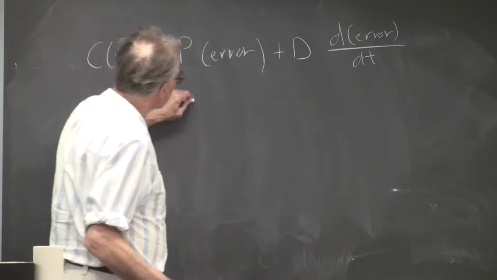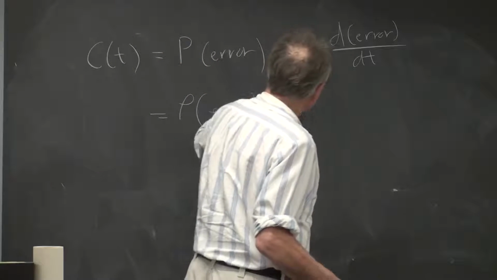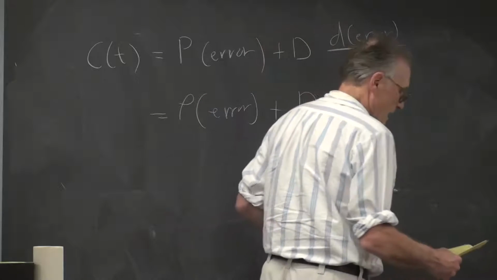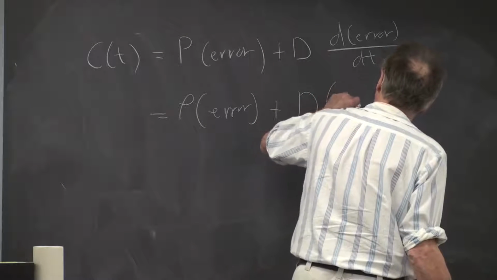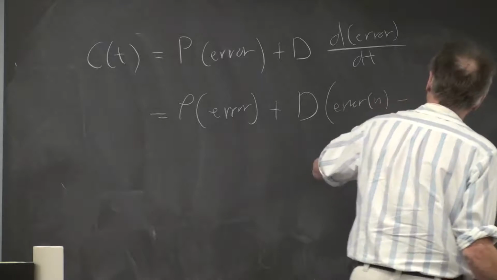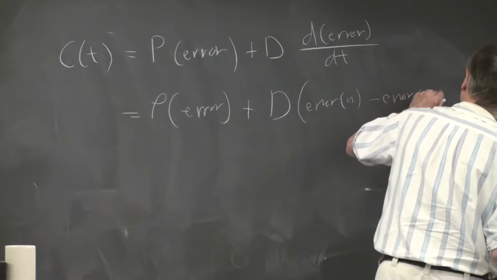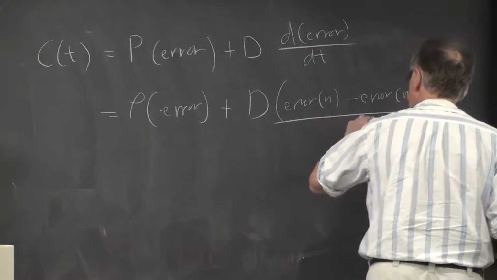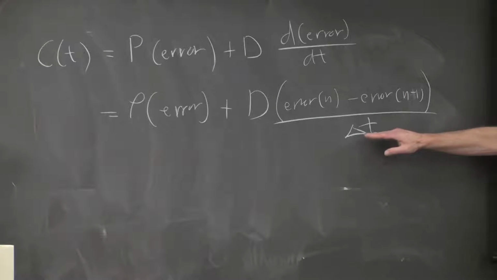So what you might say is that you're going to have some P times error plus D times the error at time n minus the error at time n minus 1, all over delta t, where delta t now is going to be the rate at which your control loop is running.